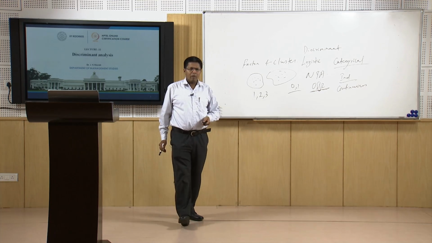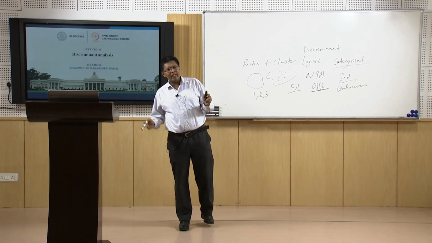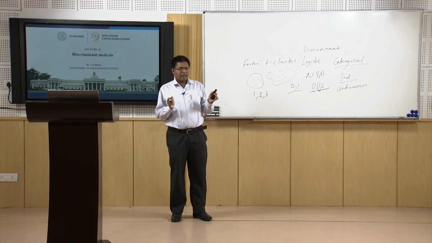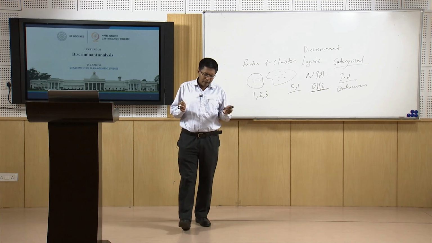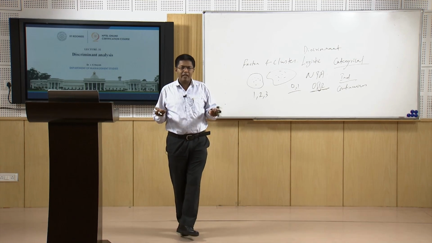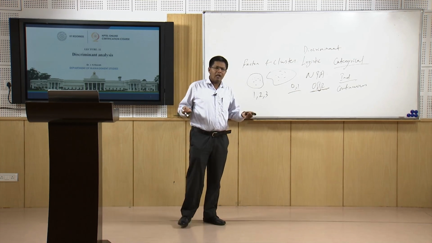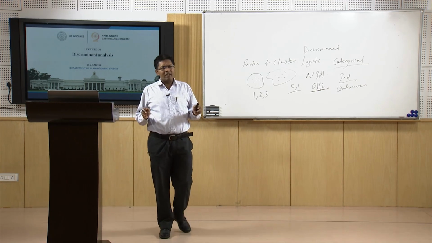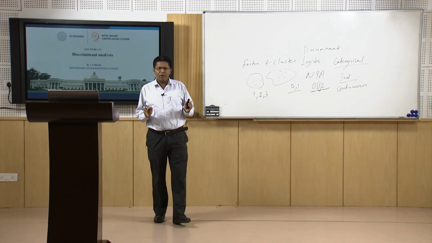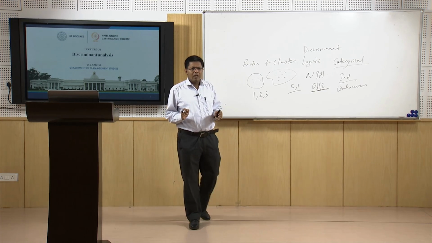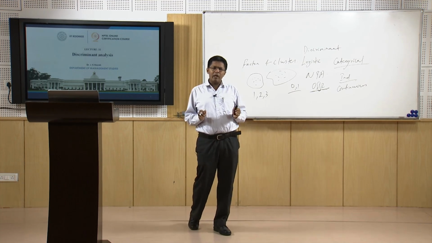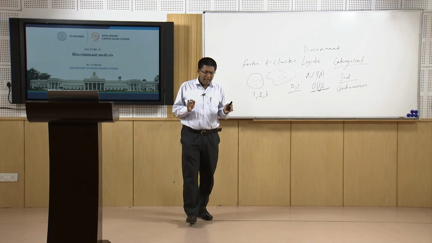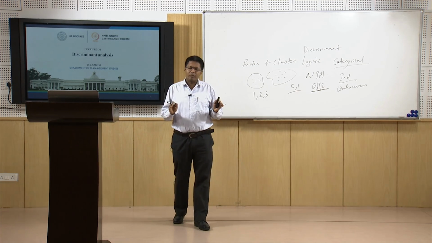Today I will be talking about discriminant analysis. Although today we also have multinomial logistic regression, the advantage of discriminant is that it is a little more powerful than the logistic, but on the other hand discriminant is also highly susceptible to certain assumptions.